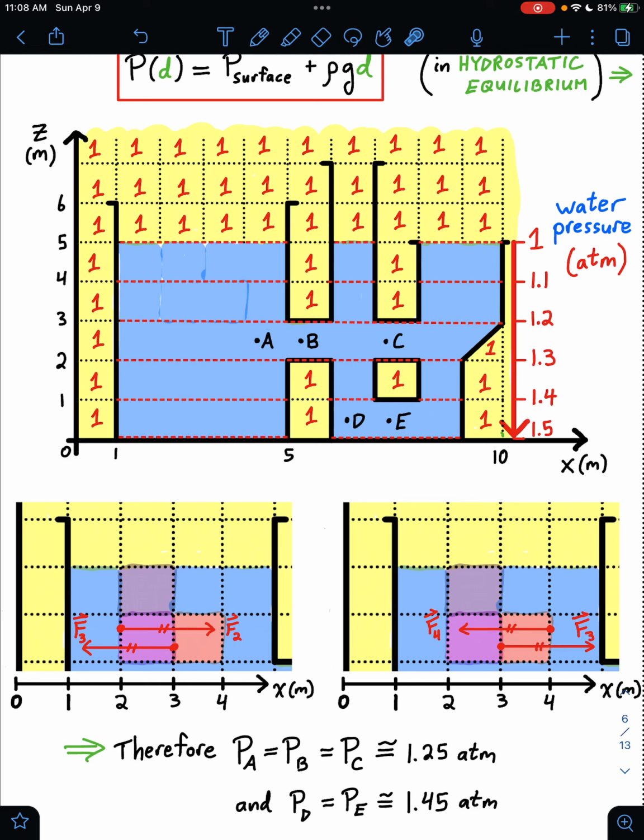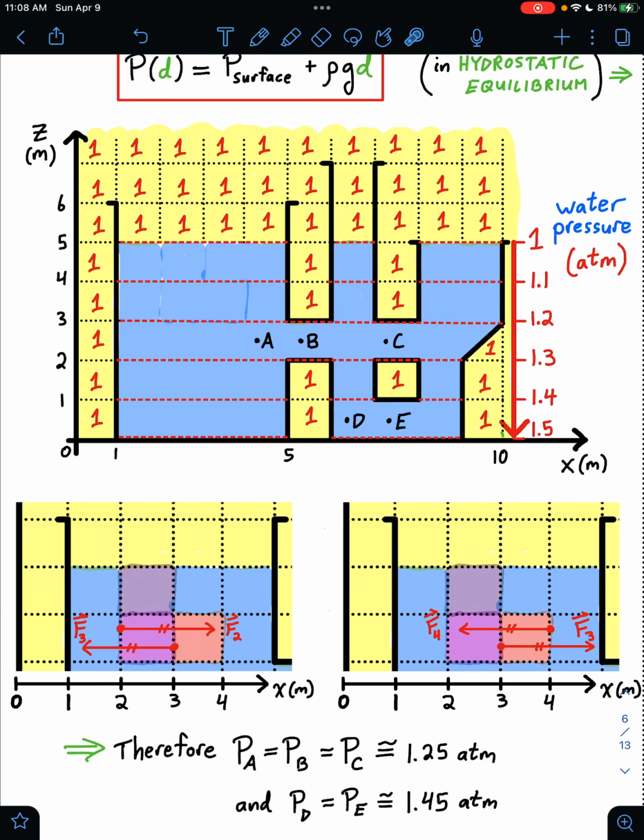And this cube will be pushed to the right by the pink cube. We'll call that F3, the same F3 as we've got right here. And again, those forces have to balance. So we're arguing that F2 must be the same size as F3, must be the same size as F4. And so all those forces per unit area must be equal as well, indicating that the pressures are equal.